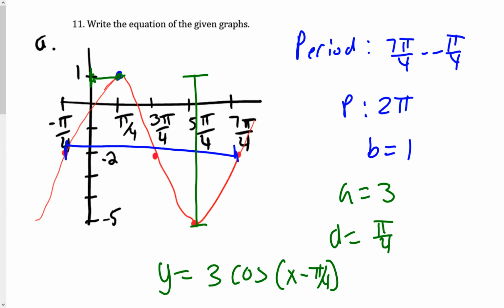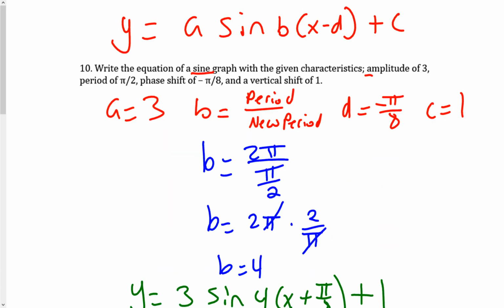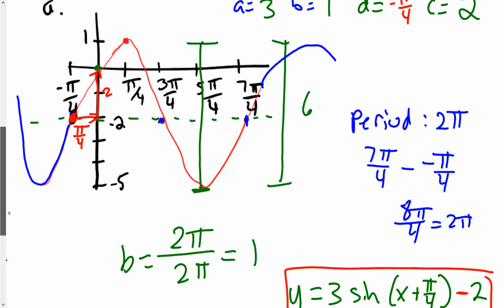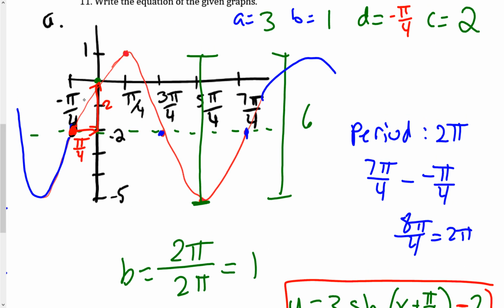So let me think about this. Maybe what you can say is your d will always be the x value of the point that you want to move. I think that might be easier, because on the last problem, the one that we did with sine, our d was negative pi fourths.